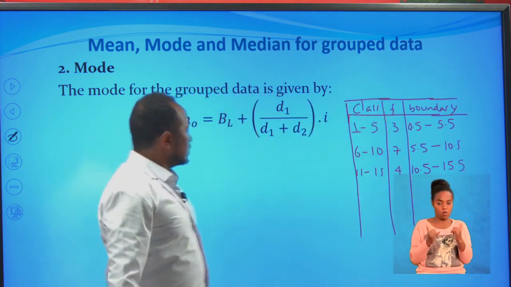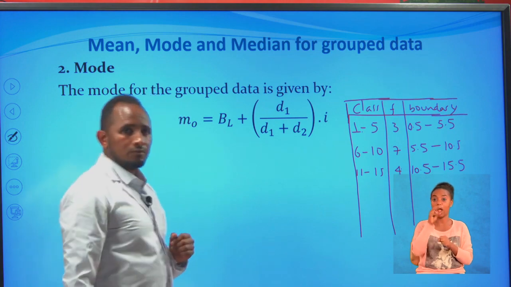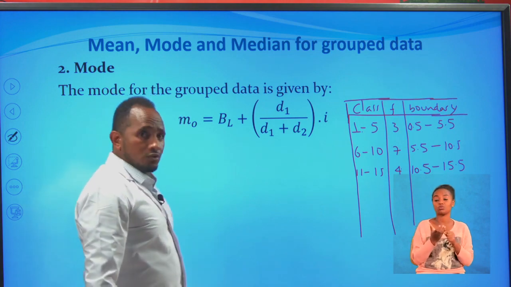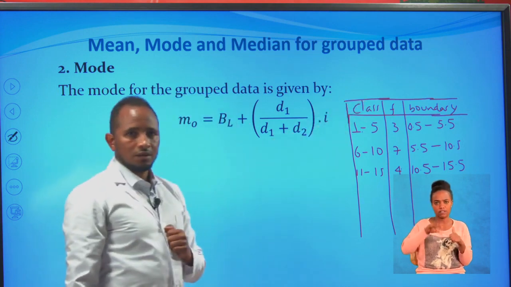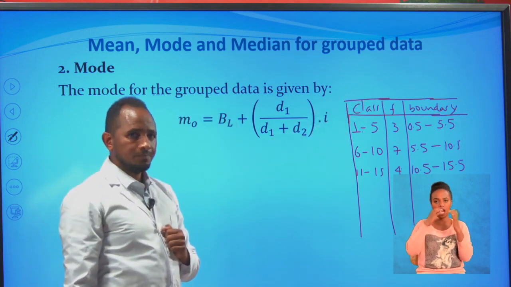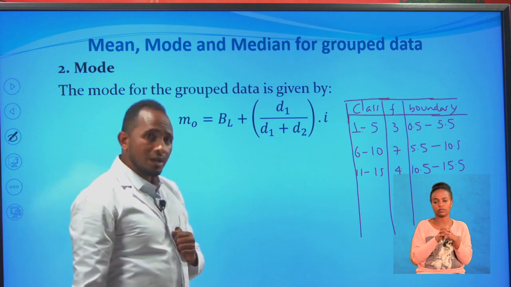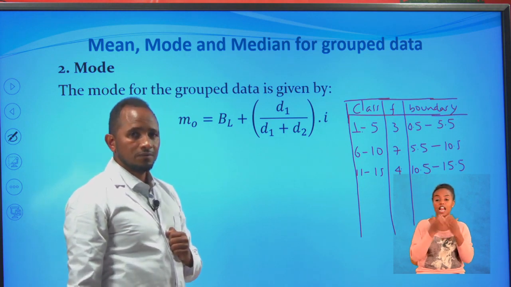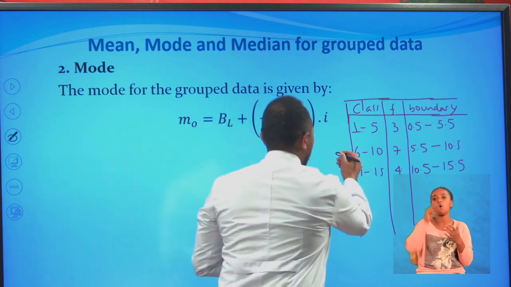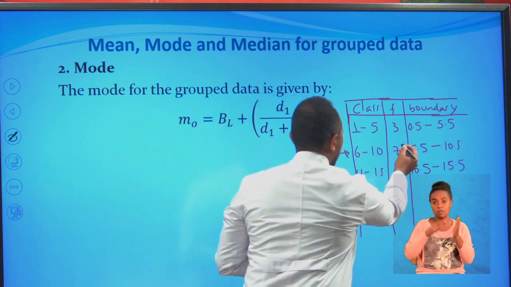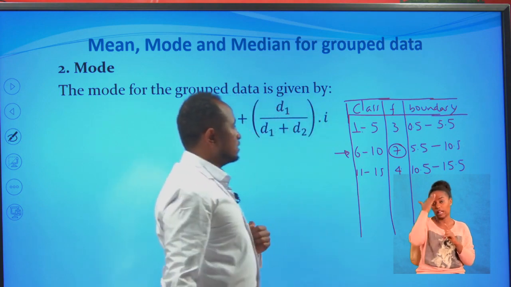Now to calculate the mode, first you need to find the modal class from this set. The modal class is the class with the highest frequency. So the modal class is this one, because this frequency is 7.